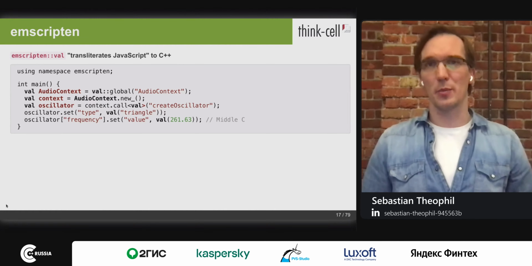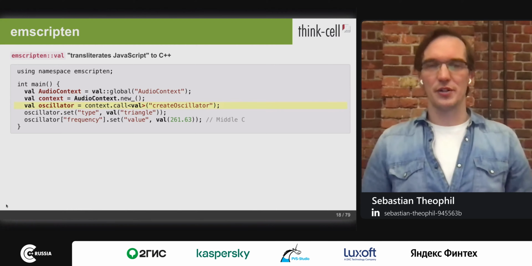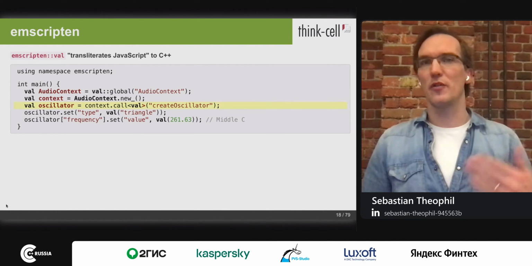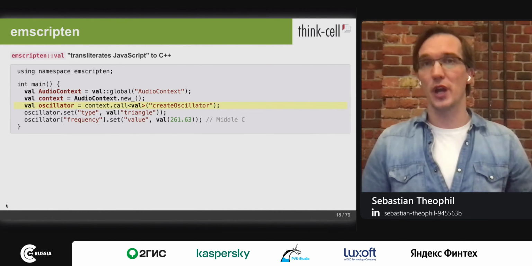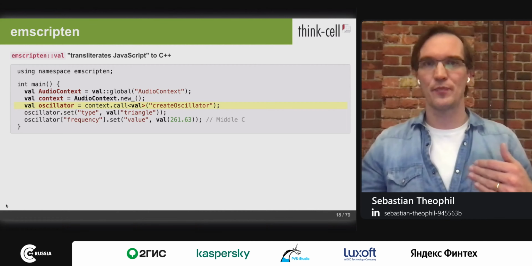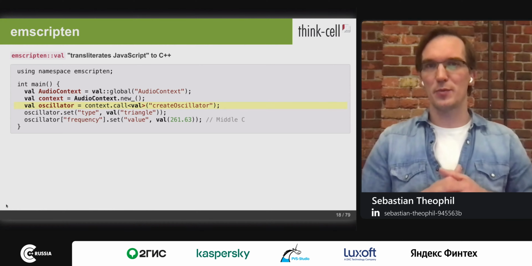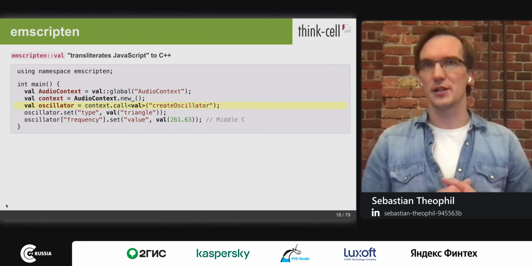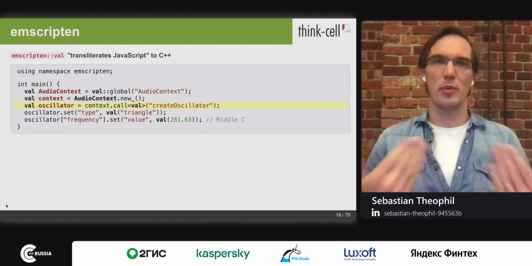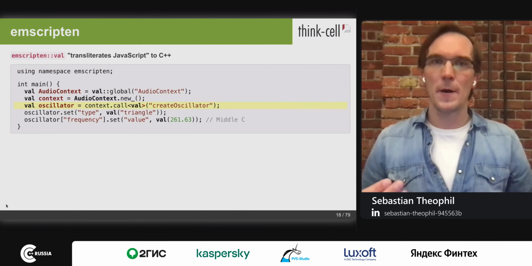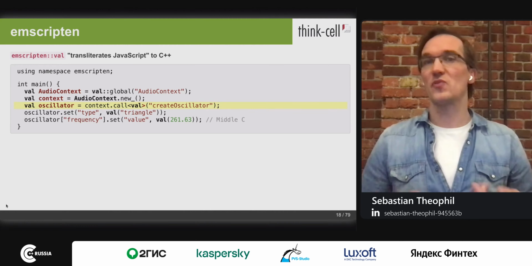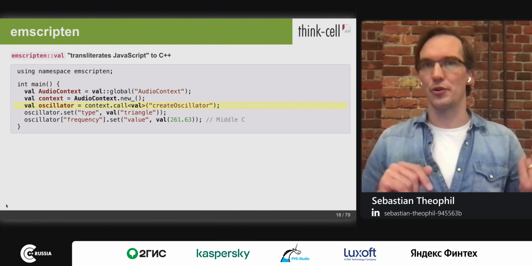But that API has a big problem here. You see, we're calling a JavaScript function, and we are passing the name of that function by string to the JavaScript world. So at this point in our C++ code, when that code is compiled to WebAssembly, the compiler only sees a string. And the compiler cannot check, does that function actually exist on AudioContext?